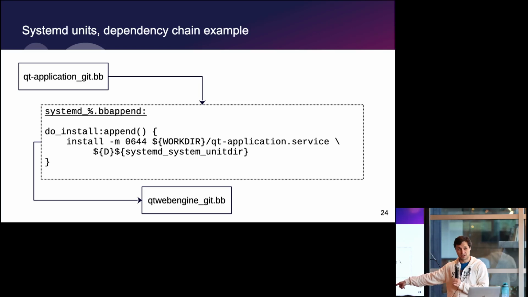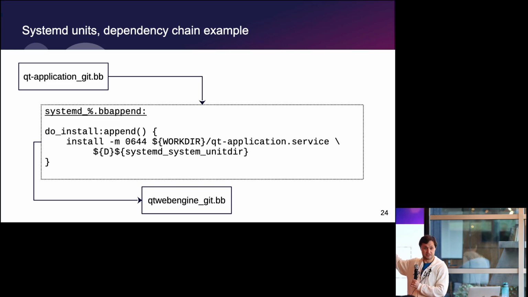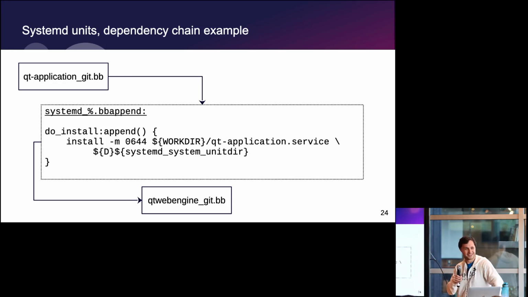On my build server, about 48 cores, 120 gigs of RAM, that took like 45 minutes to build. And of course, all the rest. Even if you had Qt WebEngine built previously, it will rebuild.